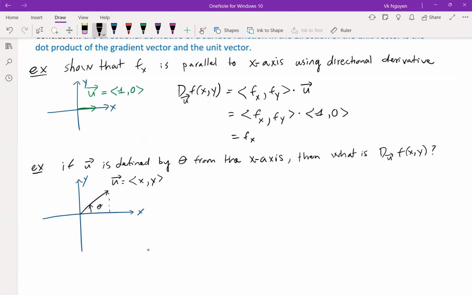The x component here is adjacent to the angle, so it's cosine. The y component is sine.